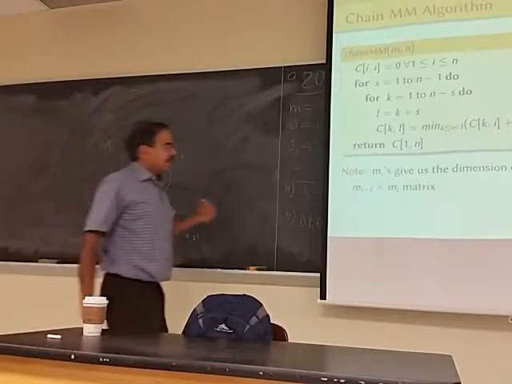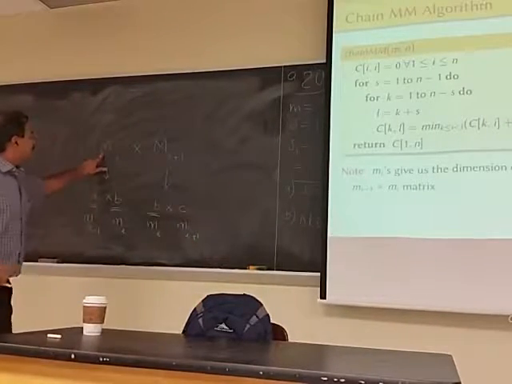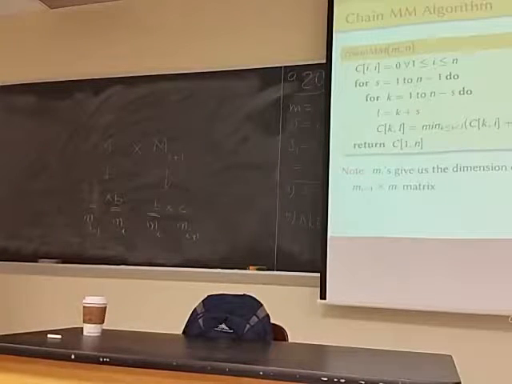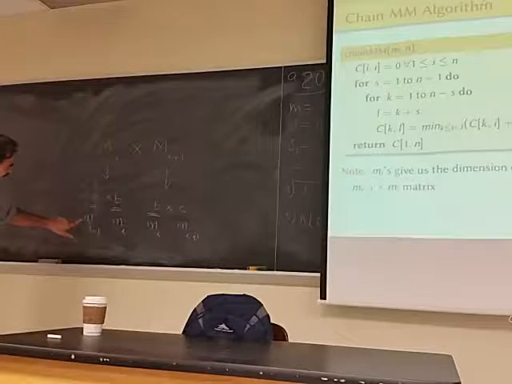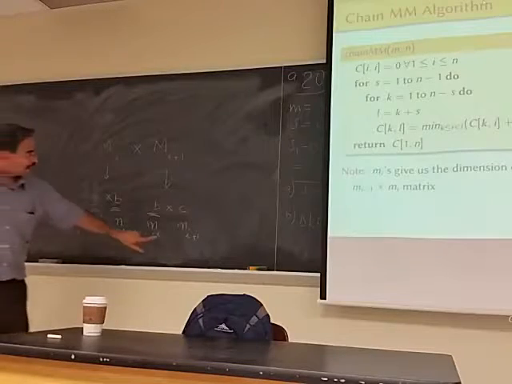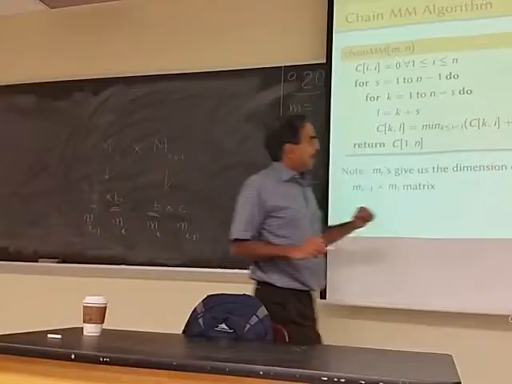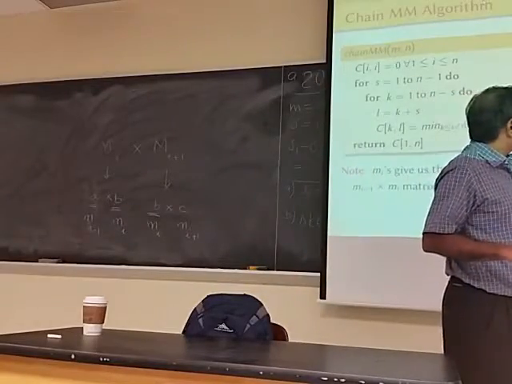And so now we can take the cost of multiplying Mi and M(i plus 1). The cost of multiplying two matrices we know is obtained by taking a product of these dimensions, and that is what we're doing.